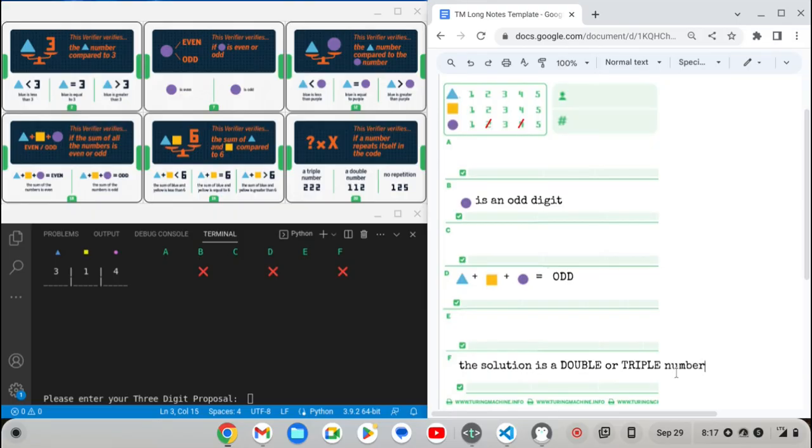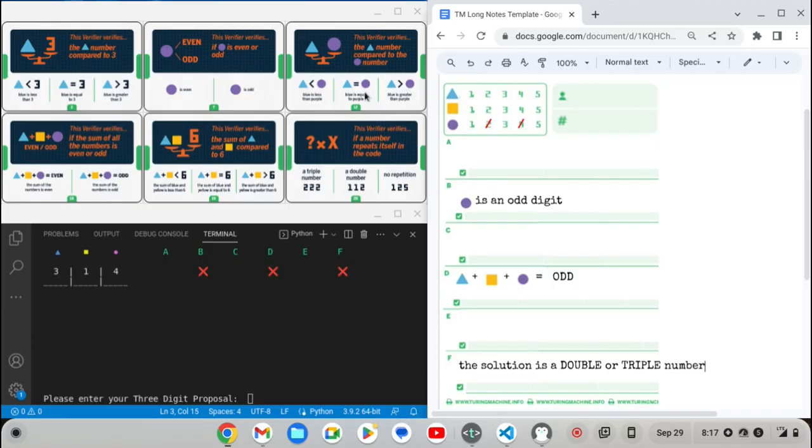Well, I guess perhaps, if we knew it was a triple number, then obviously triangle would equal circle, since all digits are equal. So I think maybe that is our clue to be able to disqualify the 3-digit solution as being a triple number, since it would make criteria card C irrelevant.